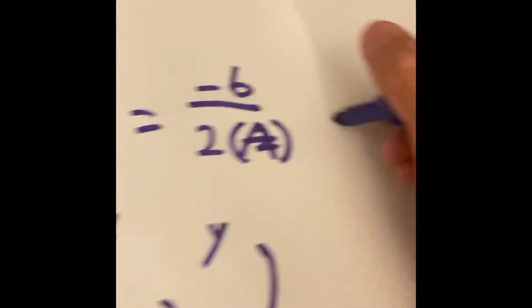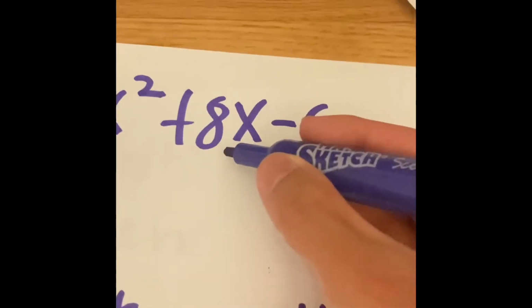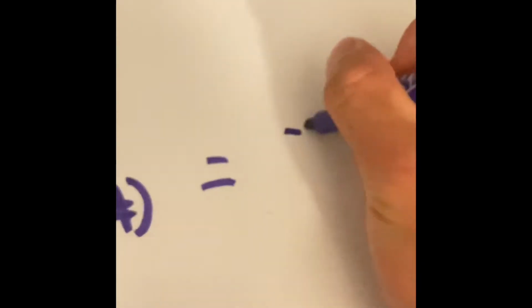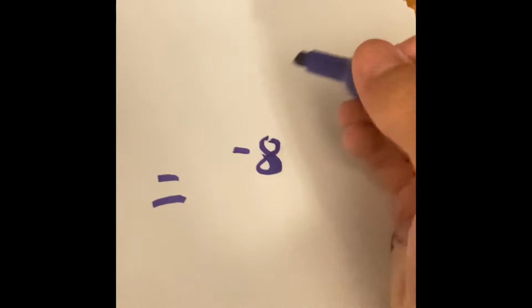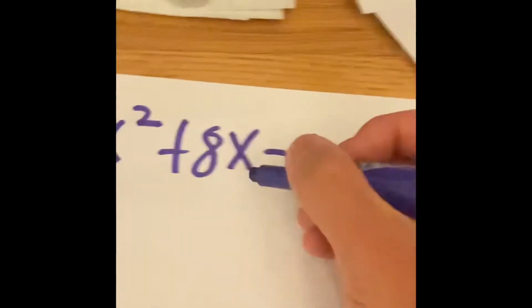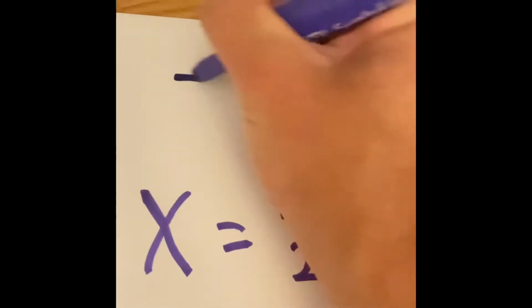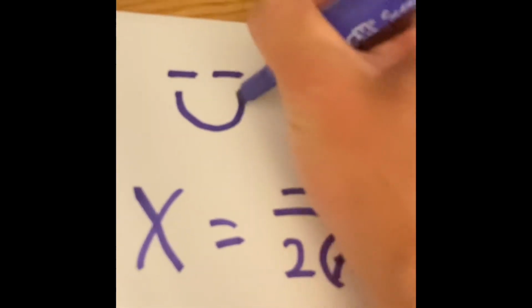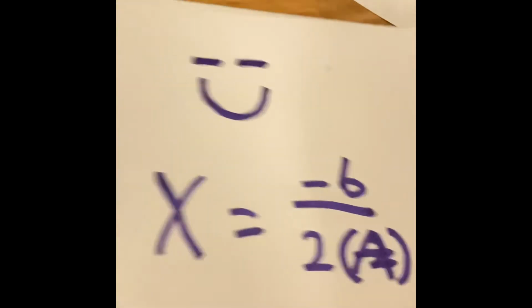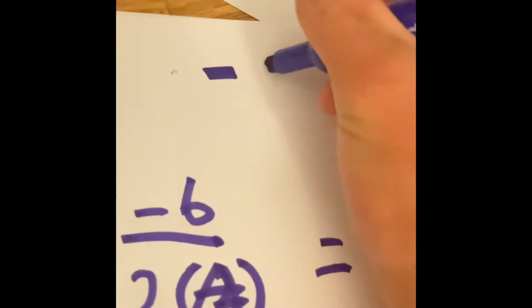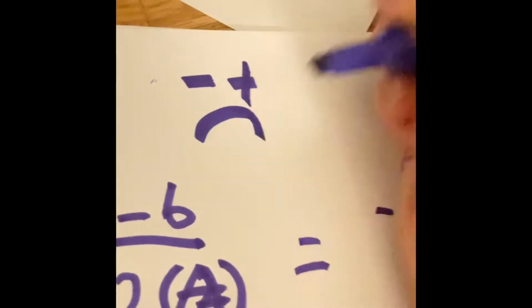So let's do a scenario. Since our b is 8, negative b is going to be negative 8. A negative times a negative is a positive, but since that positive is being put into a negative times a positive, it will become a negative.